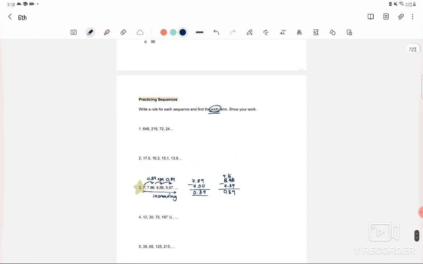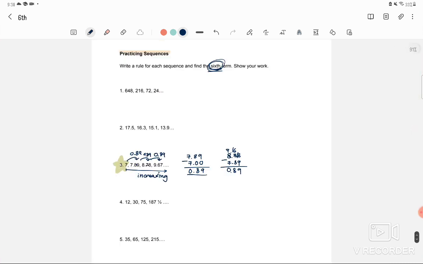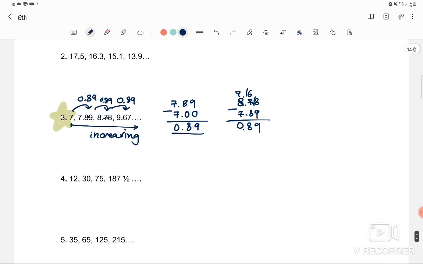And you have to find the 6th term. There are only 4 terms, right? 1, 2, 3, 4. You have to find term 5 in order to find term 6.